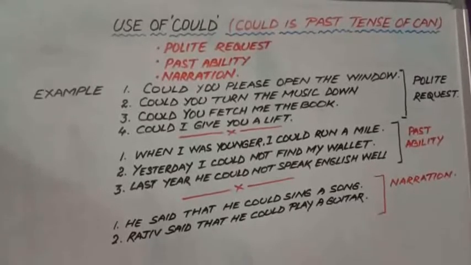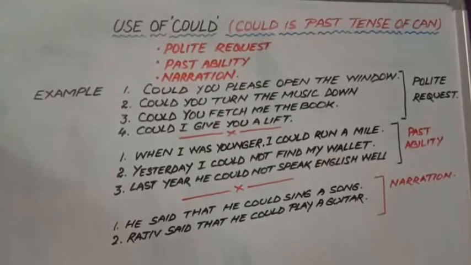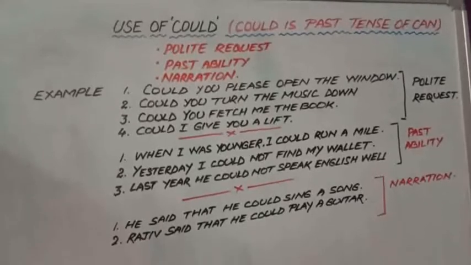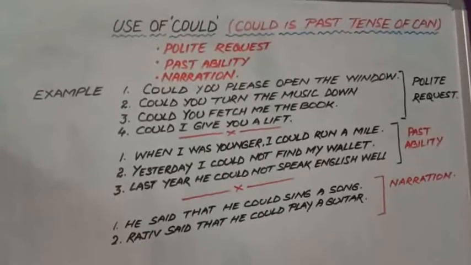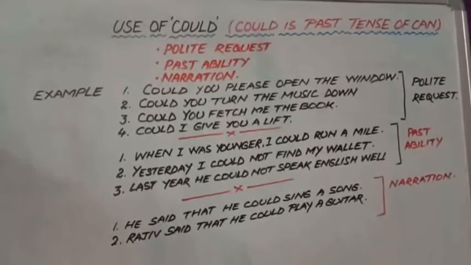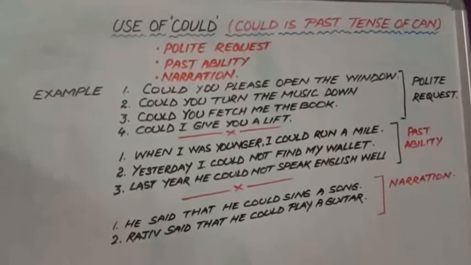You see in this sentence, it is also a polite request. The speaker is talking in a polite manner. He is not scolding. He is not asking about the ability to turn the music. But what he is doing, he is asking very politely whether the music can be put down or turned down.